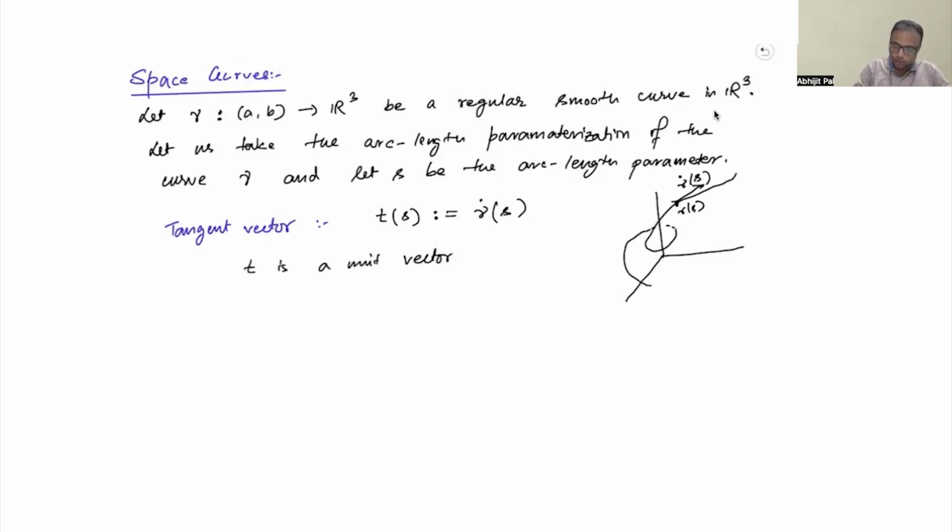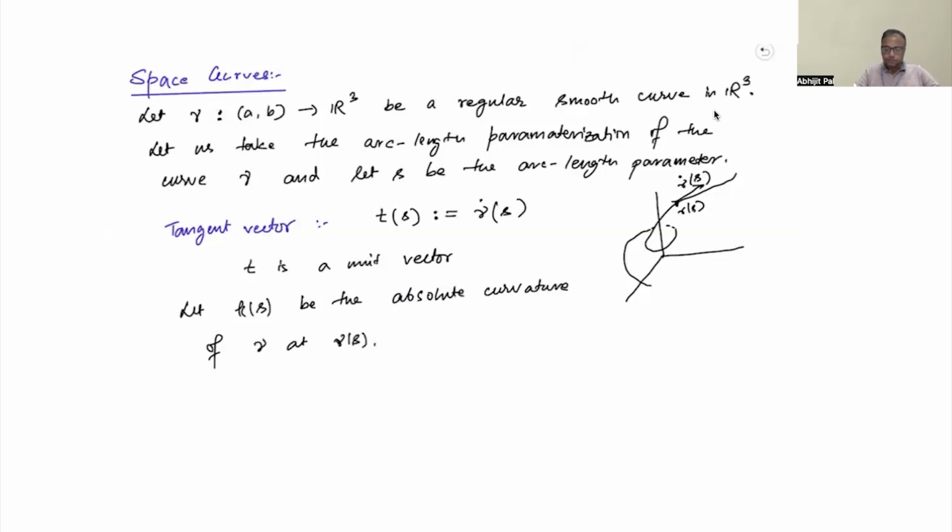Now let us take the curvature. Let k(s) be the absolute curvature of the curve gamma at gamma s.